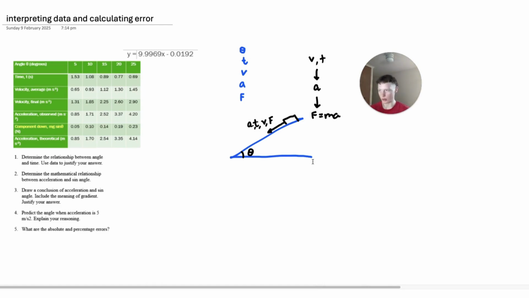I'm not sure if this is from your assignment or just a scenario that you've been given, but that's my understanding of it. If that's not correct, I'd love for you to let me know in the comments, because it might affect the answer a little bit. If we wanted to determine the relationship between angle and time using data, this is the key.